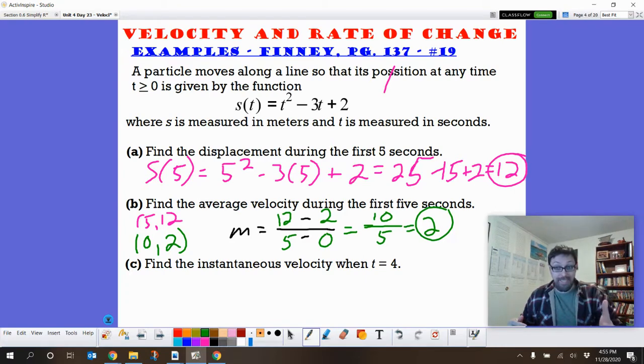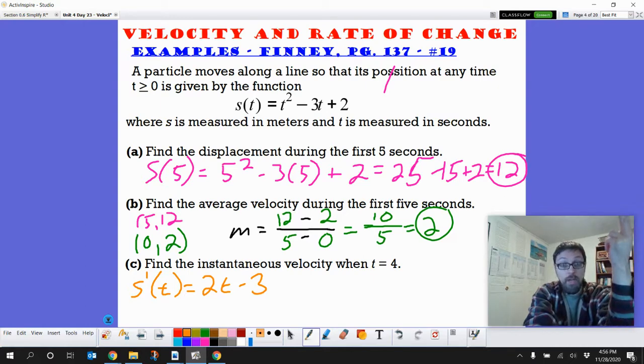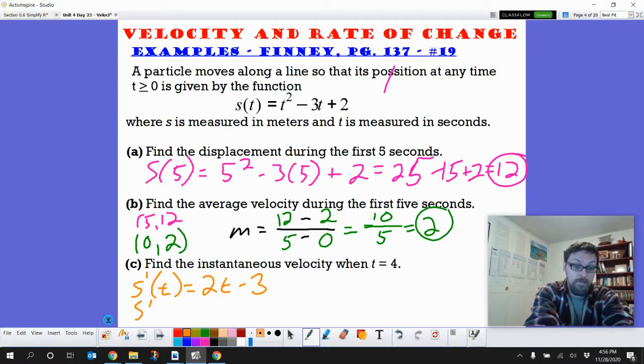Now it wants us to find the instantaneous velocity when t equals 4. Instantaneous velocity is looking at the derivative, so we do need to take the derivative of s. s prime of t is 2t minus 3. We wanted s prime of 4.